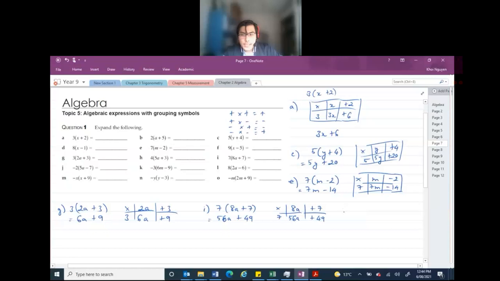Okay, next is K. Probably going to go down here. So for K, we have negative 3 brackets 6m minus 9 close brackets. Okay, so the negative 3 goes out here, 6m minus 9.